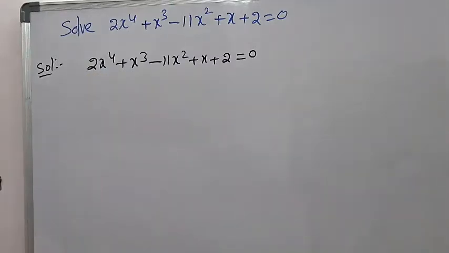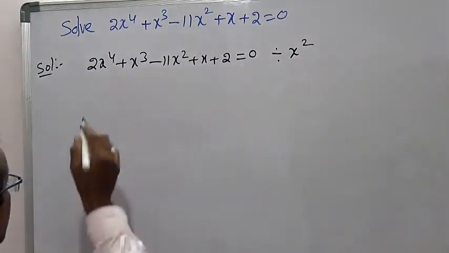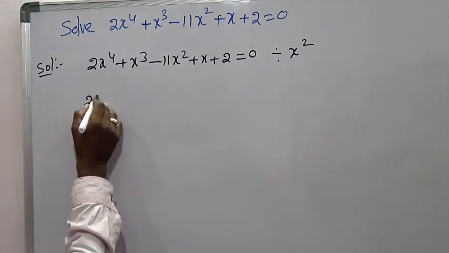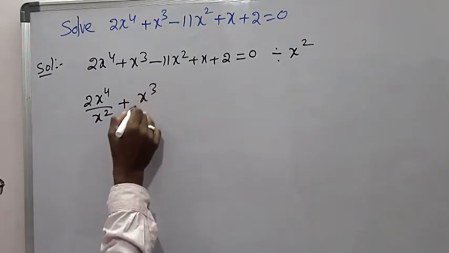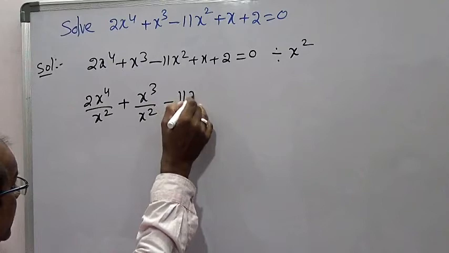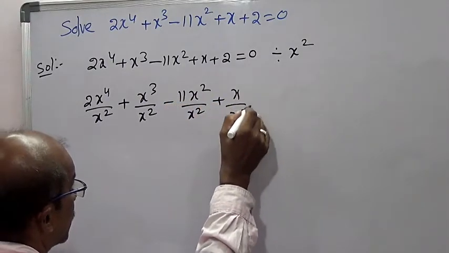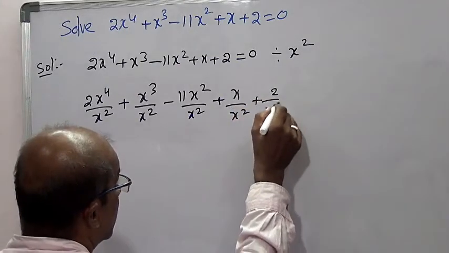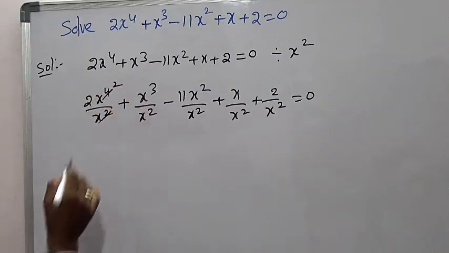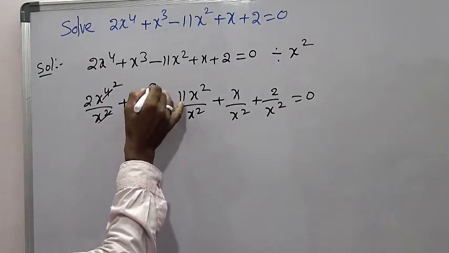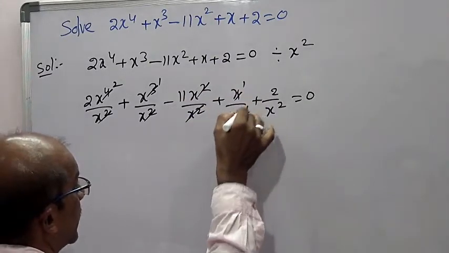Now divide by x square. It becomes 2x power 4 by x square plus x cubed by x square minus 11x square by x square plus x by x square plus 2 by x square equal to 0. Now 2 times and 2 times get cancelled, and 1 time and 1 time get cancelled.